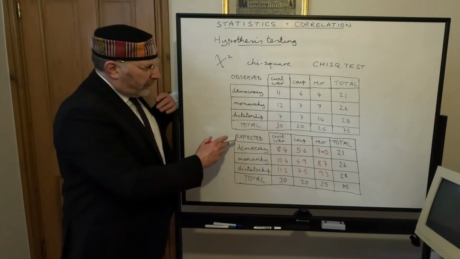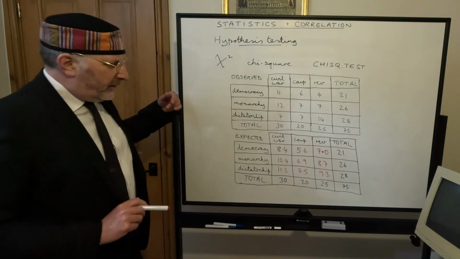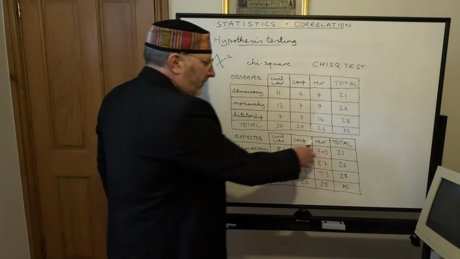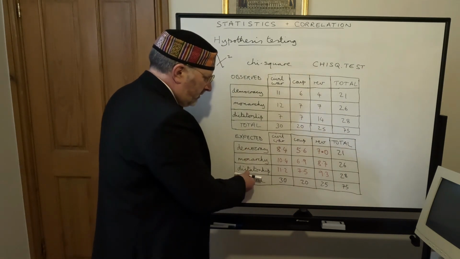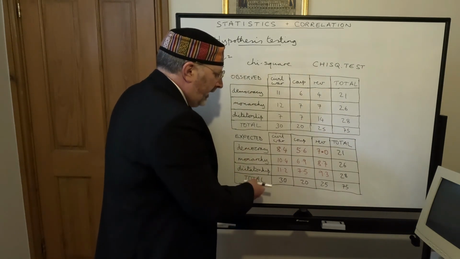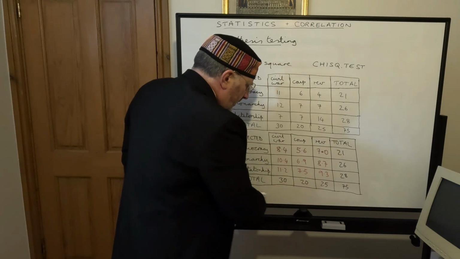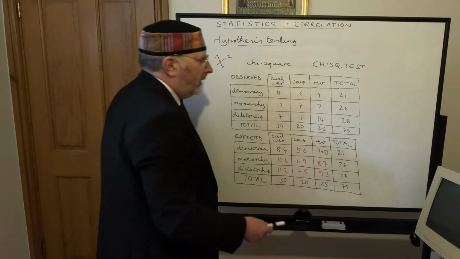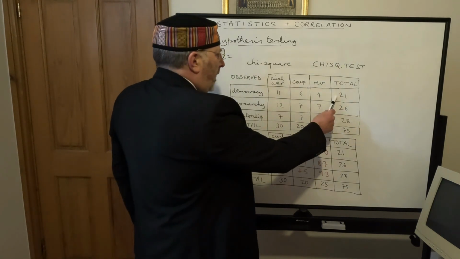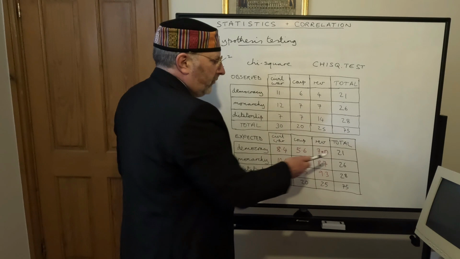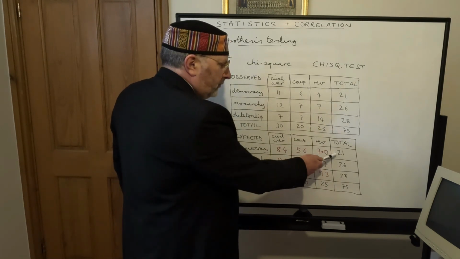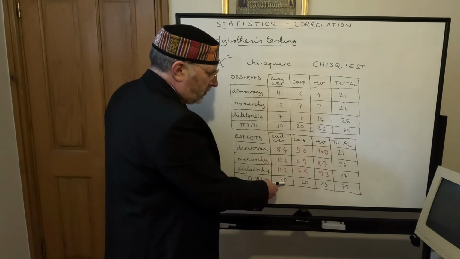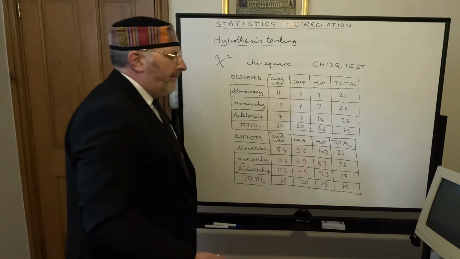Okay, here I've constructed our expected table. So we've got the same basic design: civil wars, coups and revolutions, democracies, monarchies and dictatorships. And we require that the totals should be the same in each case. So there were 21 events in democracies. There should still be in our expected table 21 events in democracies. And also there were 30 civil wars, so there should still be 30 civil wars.